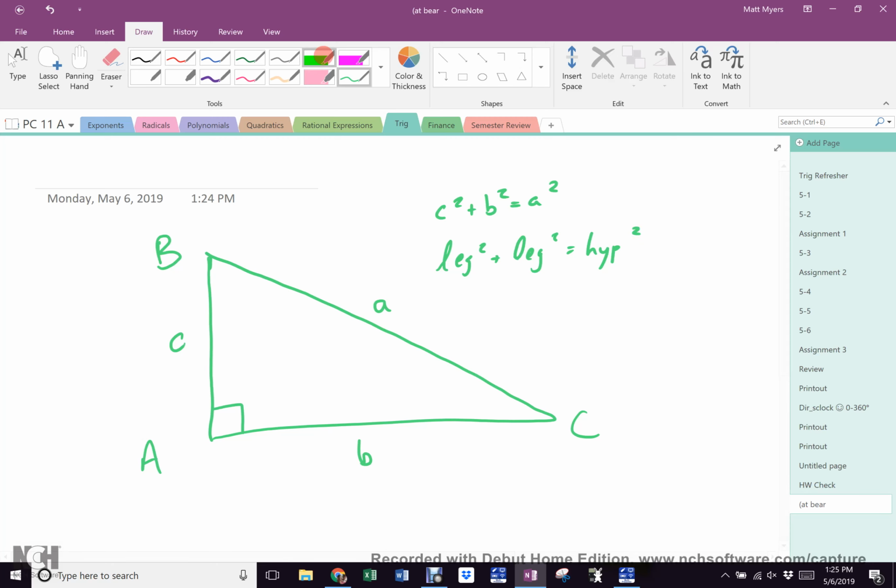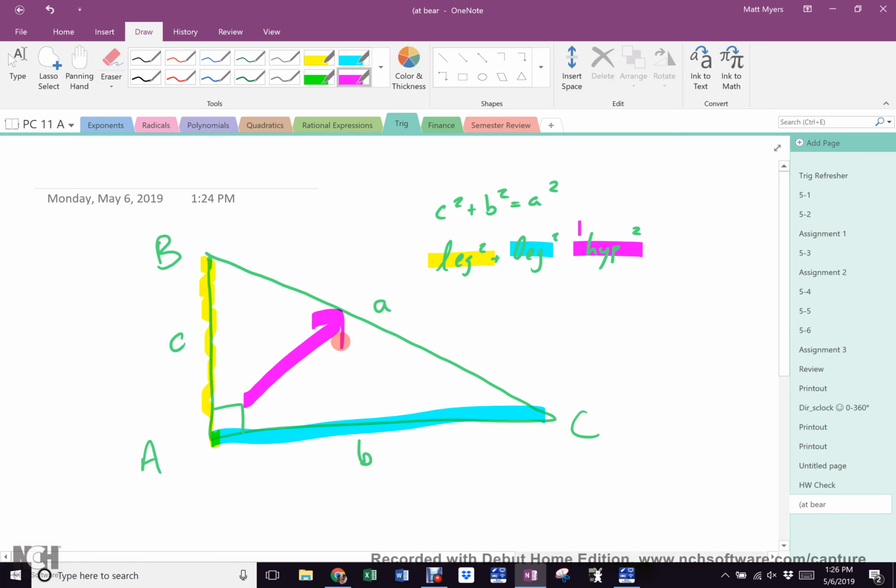Which are the legs? Oops. Which are the legs? The ones that are not the hypotenuse. Where does the hypotenuse always live? Opposite the right angle.